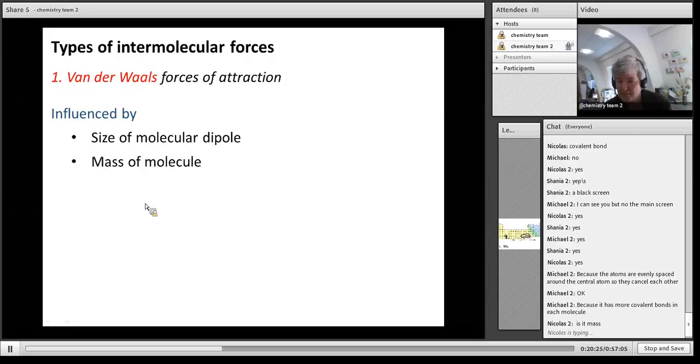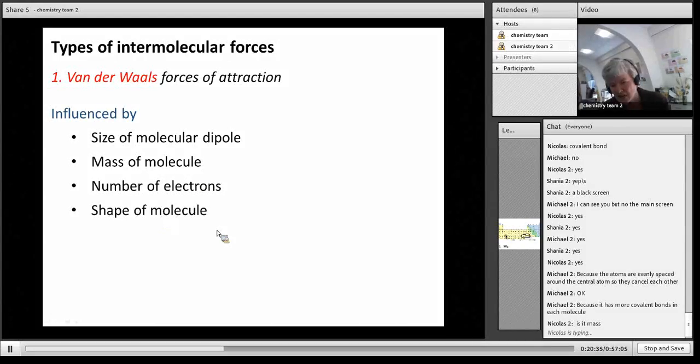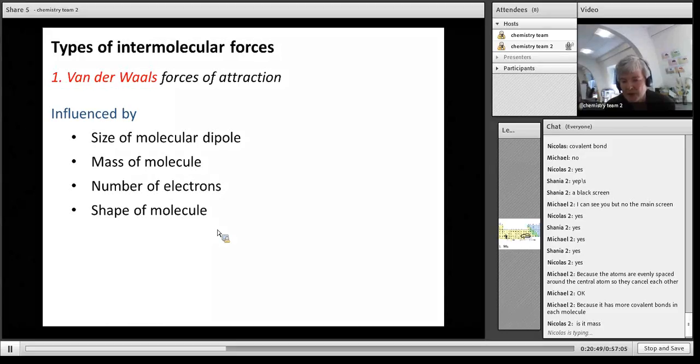The mass of the molecule matters too, as we saw with carbon tetrachloride compared to methane, they were both nonpolar. The number of electrons ties in the same way, and then the shape. The shape explains why oils, for instance, are often liquids. By oils, I mean your sunflower oil or that sort of thing, because the shape of the molecule tends to be more crooked than the saturated fats that you find in animals and so on.